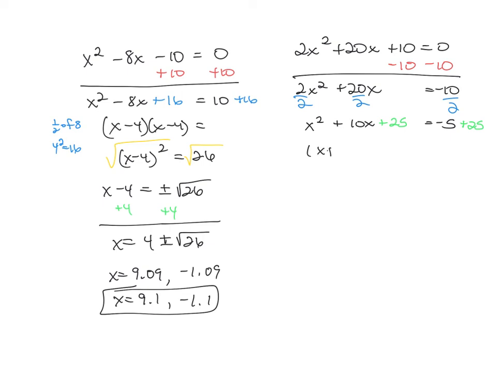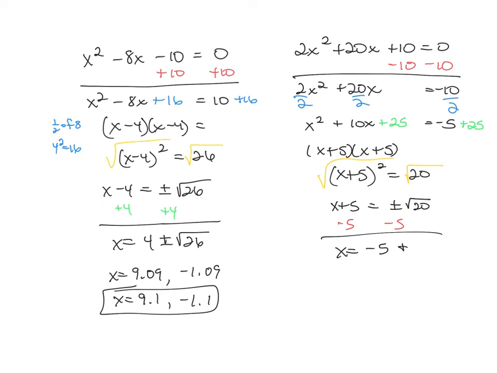Okay, then factor, square root of 25 is 5. So x plus 5 squared, and then negative 5 plus 25 is positive 20. Square root. Can't do the square root of 20. And subtract the 5 over.